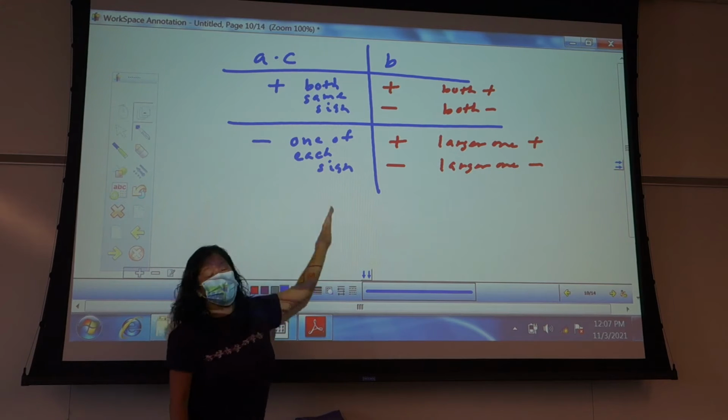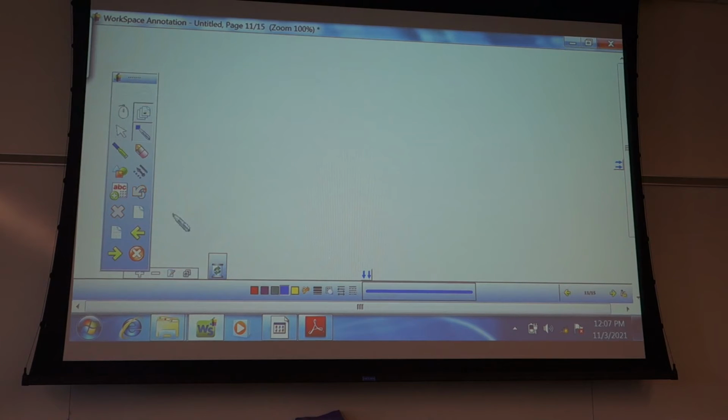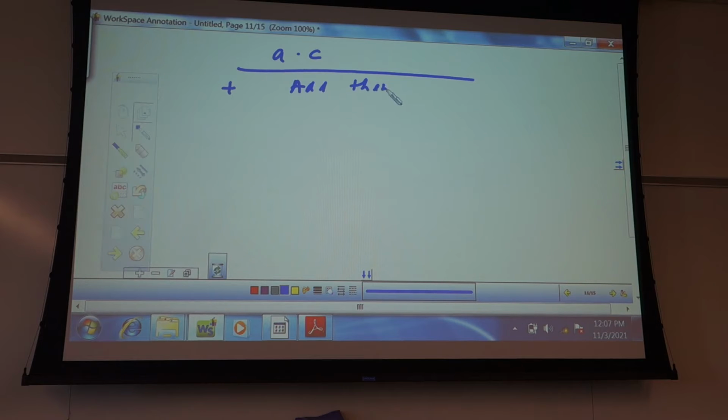And maybe this is more important: A times C. If it's positive, then you add them to get B. If it's negative, you subtract them, kind of, in a way, right? You find the difference.